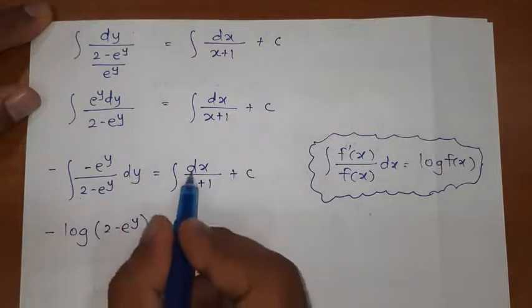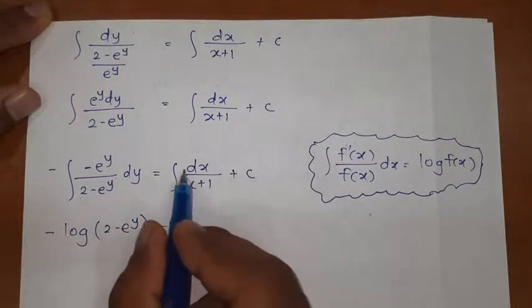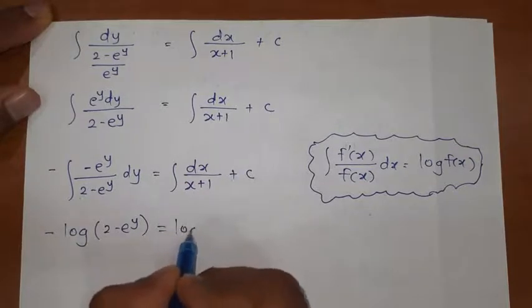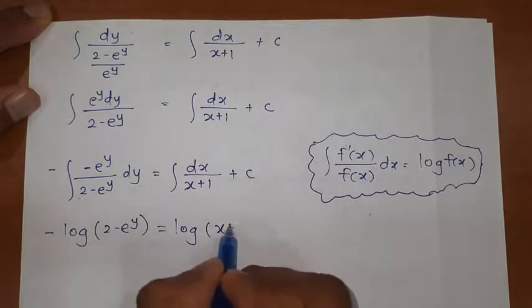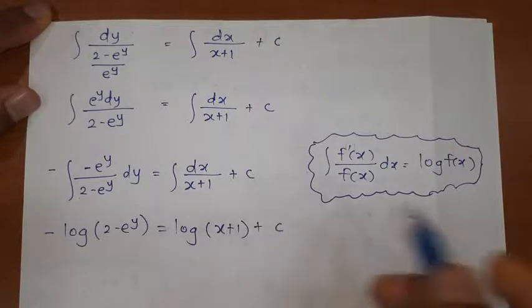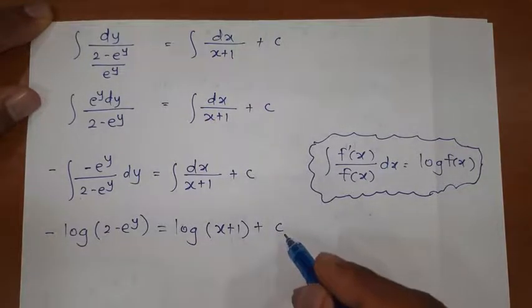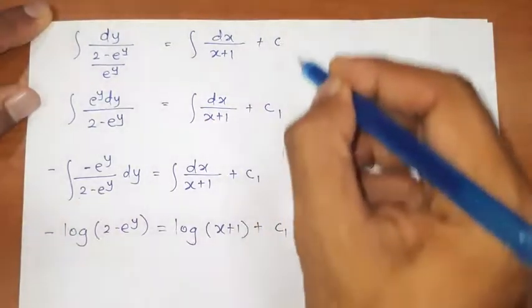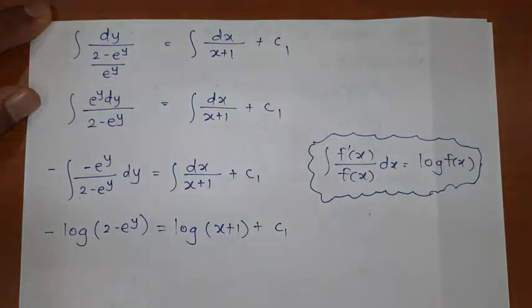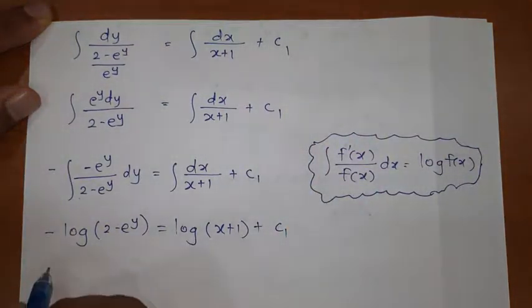Here derivative of denominator is numerator we have got. So this is log of denominator. That means log x plus 1 plus c, constant of integration. Instead of c, I will take c1, where c1 means log c, since everywhere we have got log, so I will do the same.